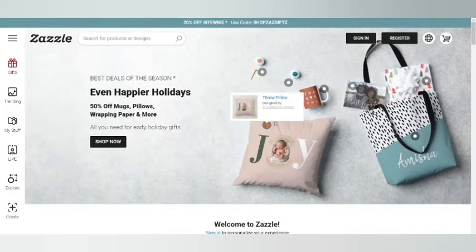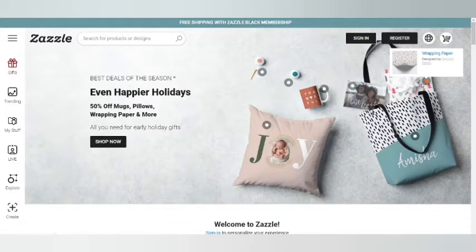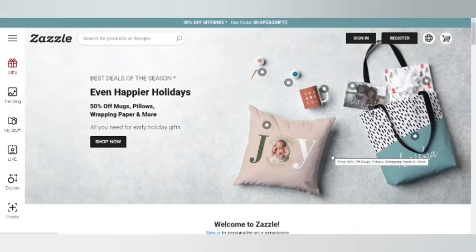This is a throw pillow, and here is the mug. Here are the golf balls, again the golf balls, and the tote bags. The bag is there, then the wrapping paper is there, then the photo block is there. So you could see that these are the products that are maybe trending right now, maybe are in the best sellers. You could get the idea that these kinds of products sell amazingly well if you're going for them.